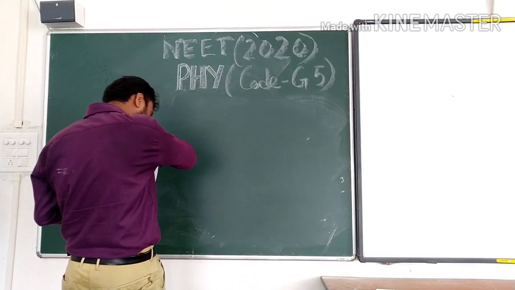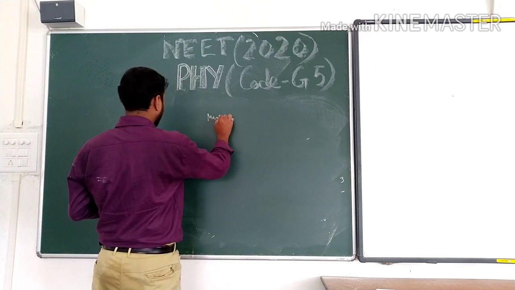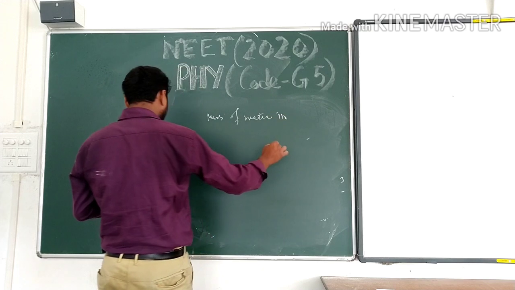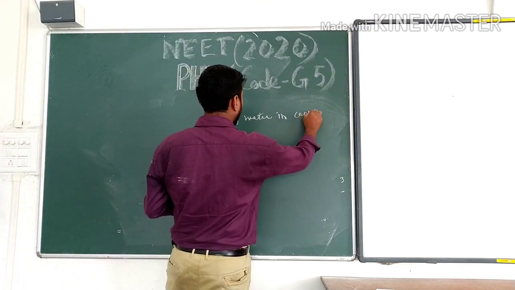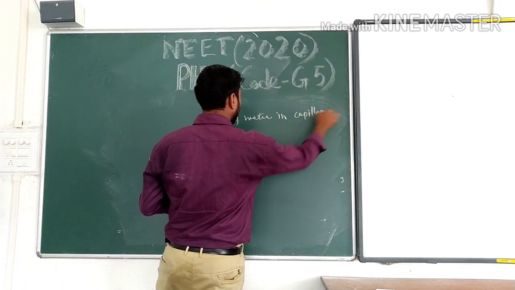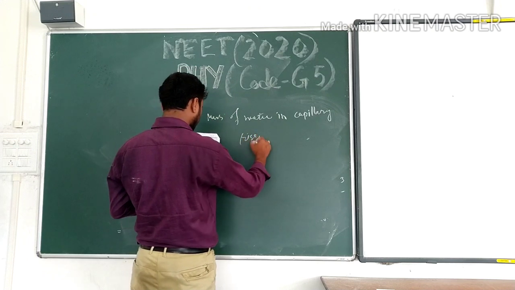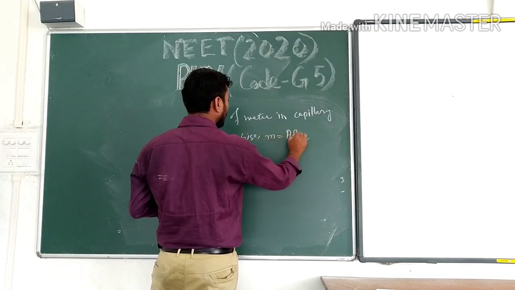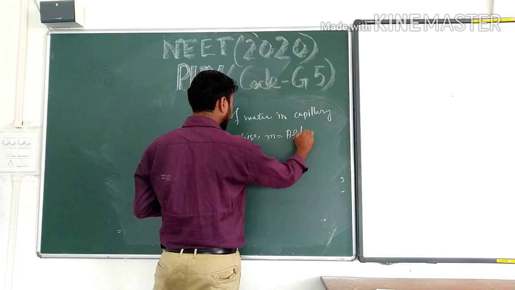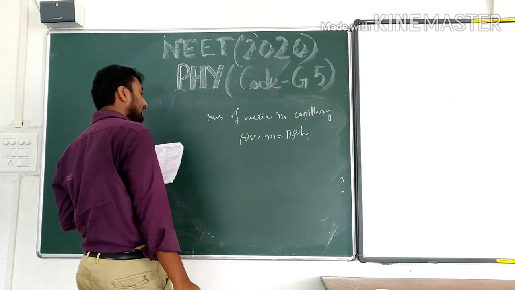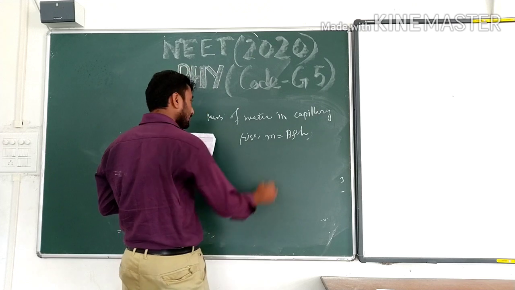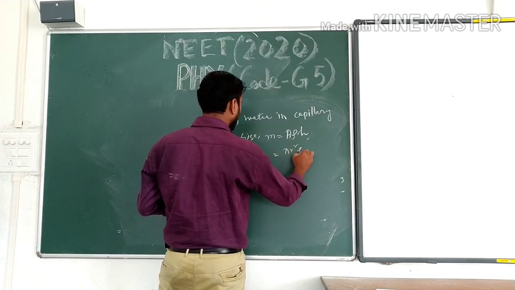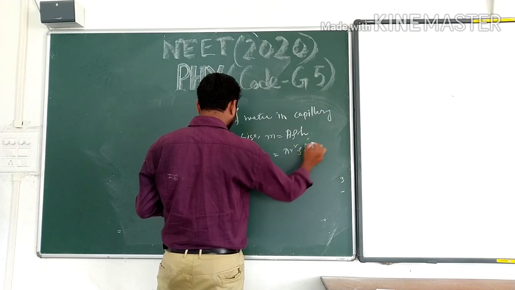Mass of water in capillary is area into rho into h. Area, the density, the height. So it will be pi r square rho into h.